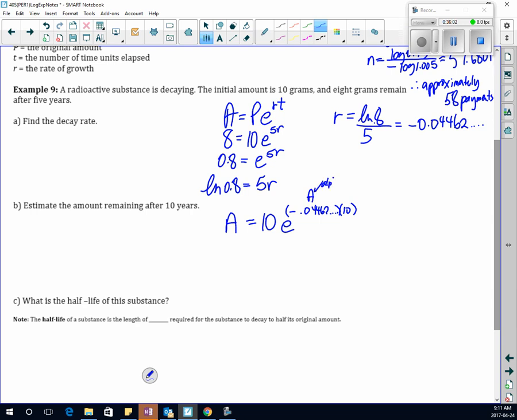Alpha A, store. Okay, so 10 times e to the power alpha A times 10. On your graphing calculator, the e to the power x will automatically put e to the power whatever.